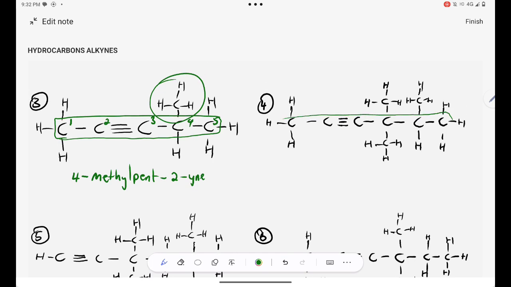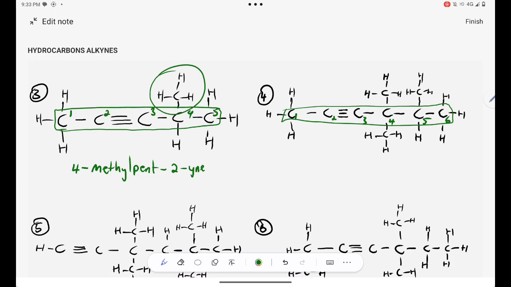Okay, for the fourth one, remember that, guys, always start counting from the terminal which is closer to the triple bond. This will be carbon number 1, 2, 3, 4, 5, and 6. You do have 3 additions over there which are the same.